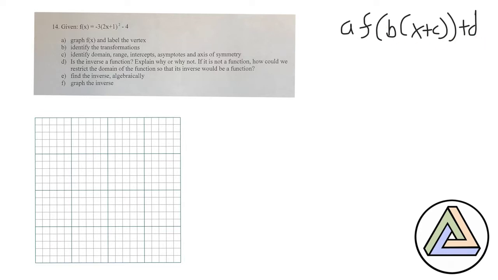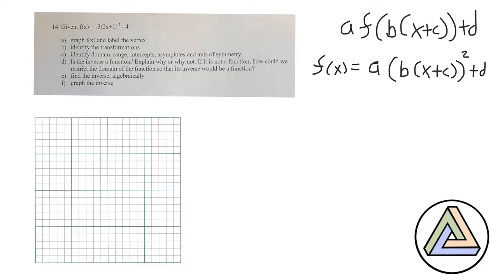In this case, since it's a quadratic scenario, because I see that 2 there, it's really going to be something that looks like this: a times, let's see, b, in this case it's squared, and then it's plus d.